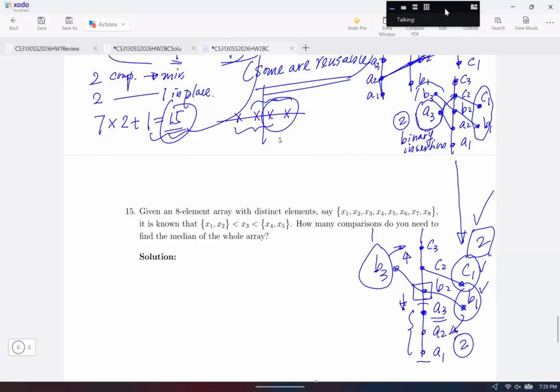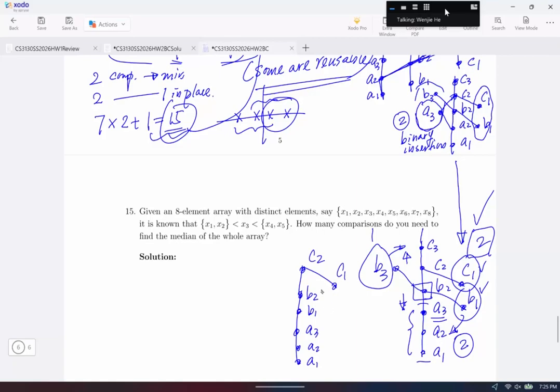All right. Then C1, because after you insert B1, you have 5 elements, right? B2, B1, even if I put it here, A3, A2, A1, and C2, C1.